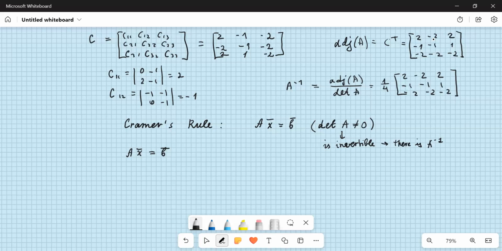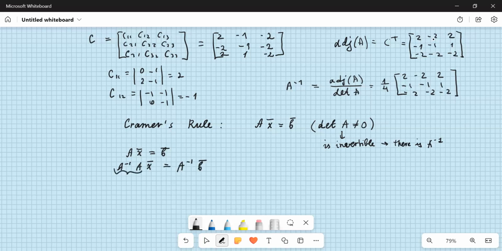How do we find X? Well, remember how we were solving it a long time ago, maybe 3 or 4 weeks ago. We were multiplying both sides of this equation by A inverse, because we know that it exists, right? So we do A inverse AX here and A inverse B over here.